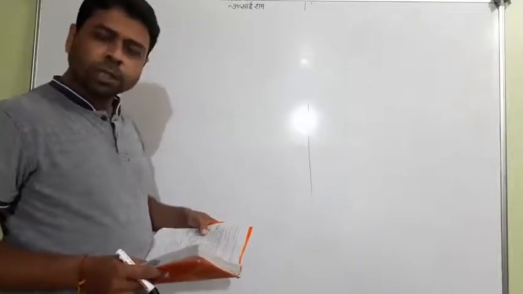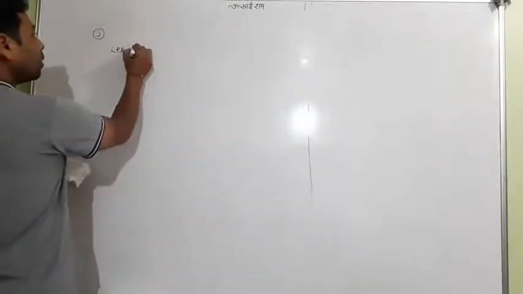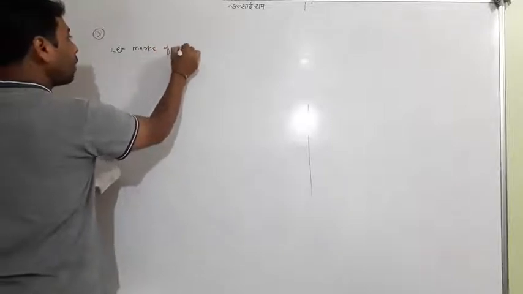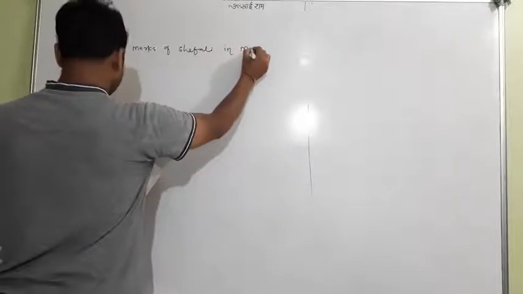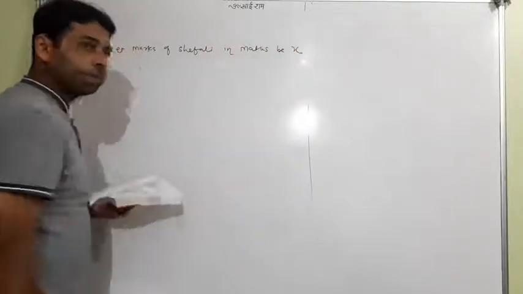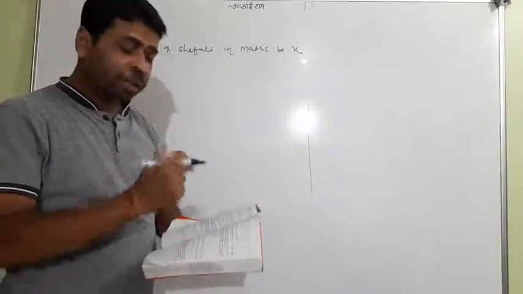If we say, let the marks of Shefali in maths be X, and the sum of the maths and English marks is 30.